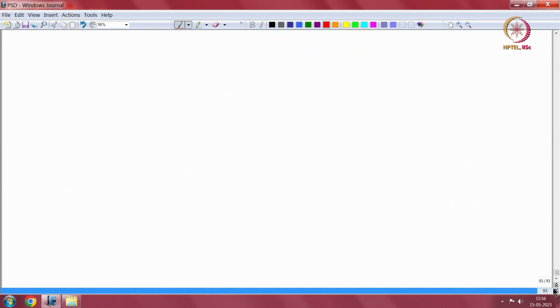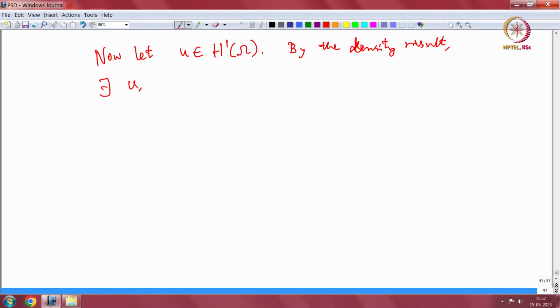Okay. So, now let u be in H1 omega. By the density result, there is a sequence u_l in C1 omega bar.